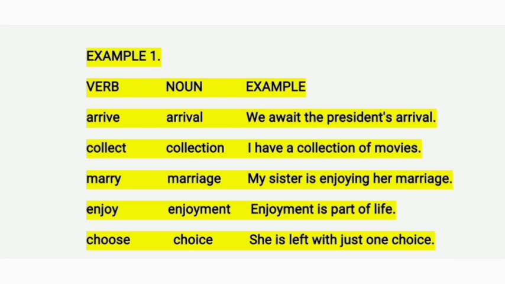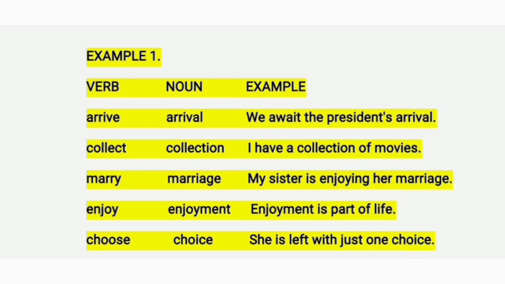Choose. We can also drop some letters in choose, which is a verb, and take the suffix ICE to have choice. So I now have, she is left with just one choice.